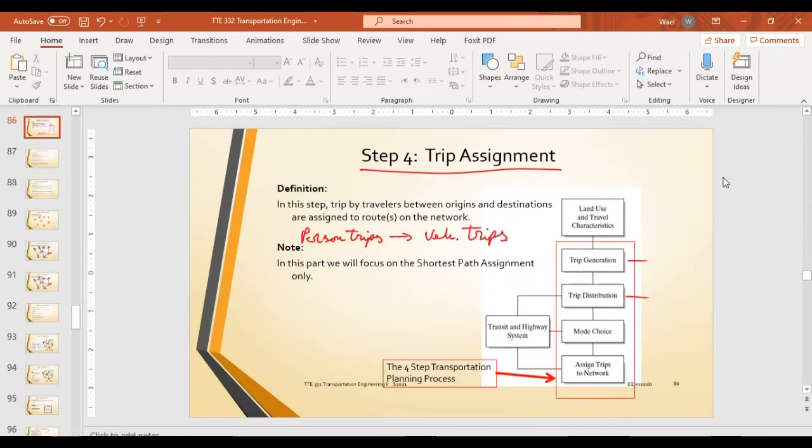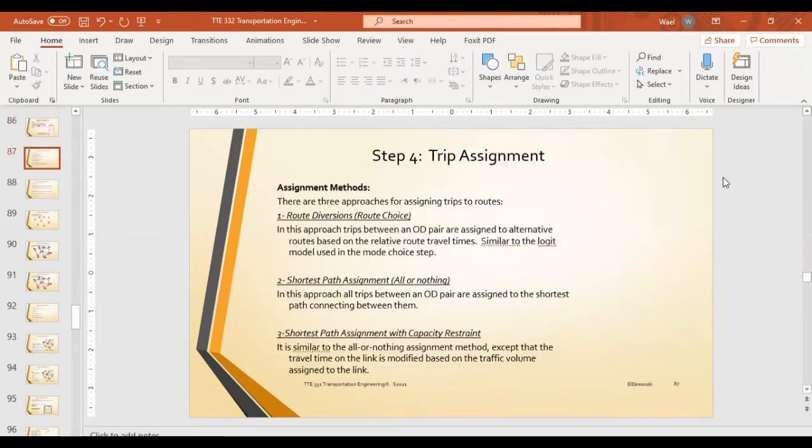In order to do that, we need to estimate what we call VOR, vehicle occupancy rate. So we need to make a conversion between person trips to vehicle trips. That's number one. Number two, in this part we will focus on the shortest path assignment only, by the way.